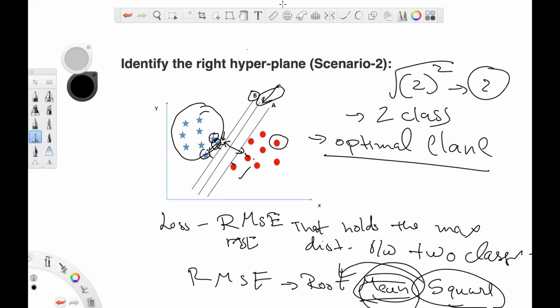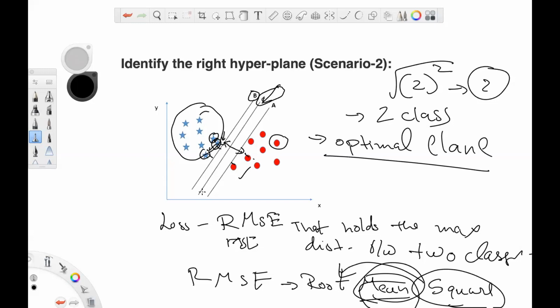So any questions till now? This is the goal setting part of the SVM, where I have only told you what the goal of the SVM is, which is to find this optimal hyperplane.